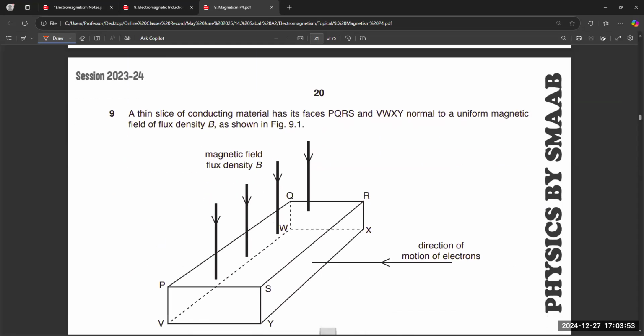So this is another question related to the same Hall probe topic.